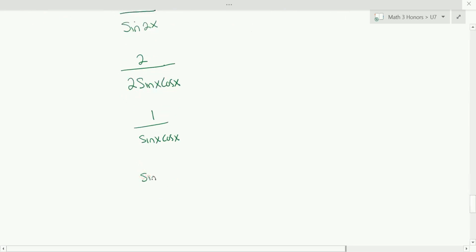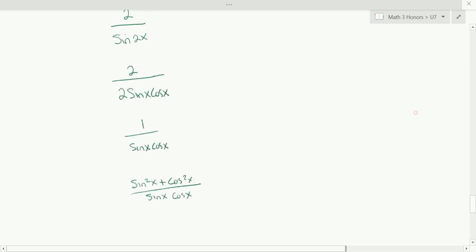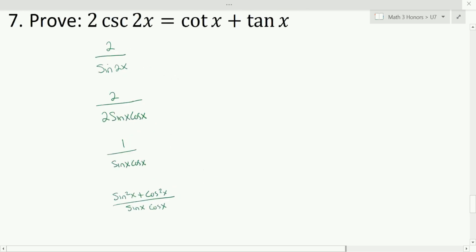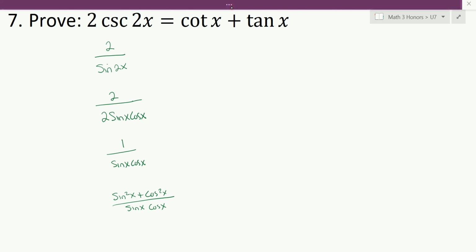So he did sine squared plus cosine squared over, and that's a great idea, right? Now, if you didn't come up with that idea, how could you come up with that idea? So he just changed the 1 to sine squared plus cosine squared, because after that, it's all going to fall into place.